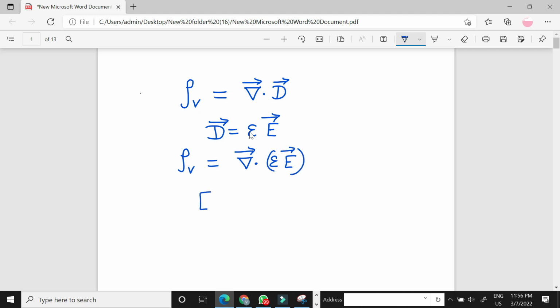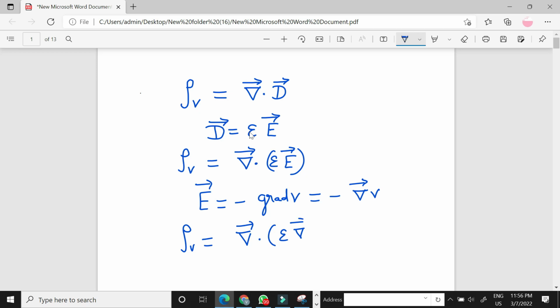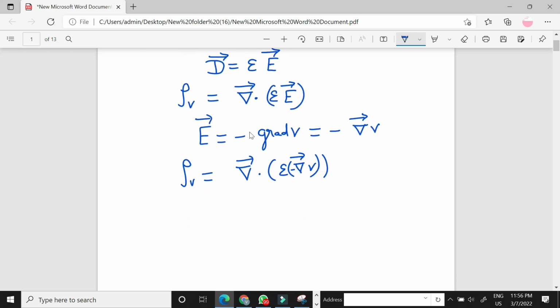Also E is equal to minus of gradient of V, means minus of del V. Now this equation becomes del square V is equal to minus rho v upon epsilon.